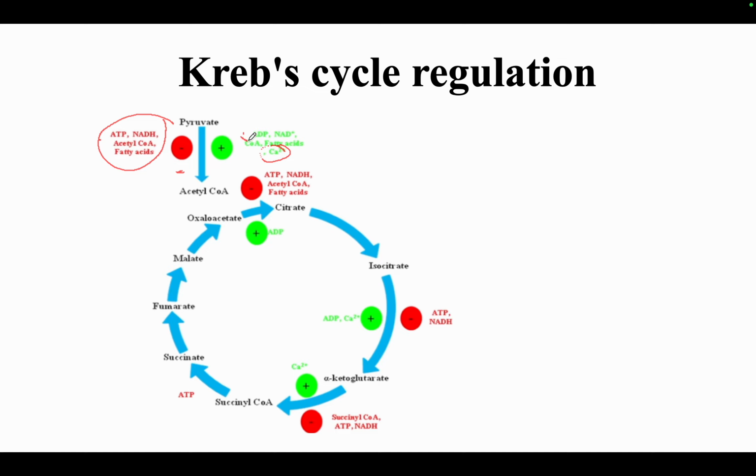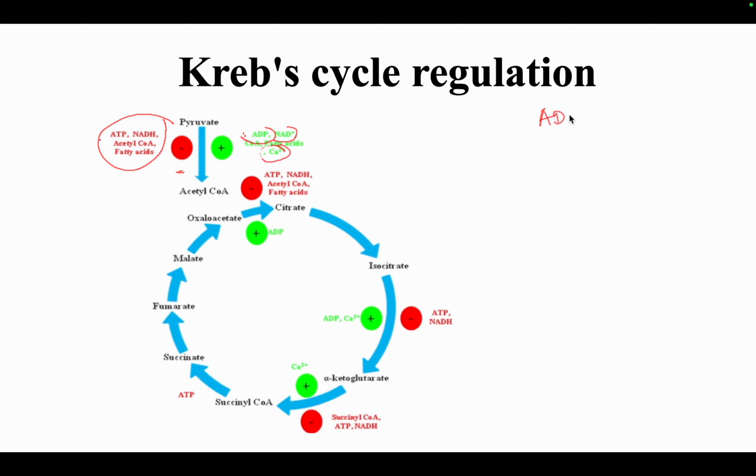When ADP and NAD molecules are high, it means there is a depletion in the energy currency of the cell. Whenever there is such depletion, we require the Krebs cycle to generate ATP, and that ATP will be further used. So it will have this balance.